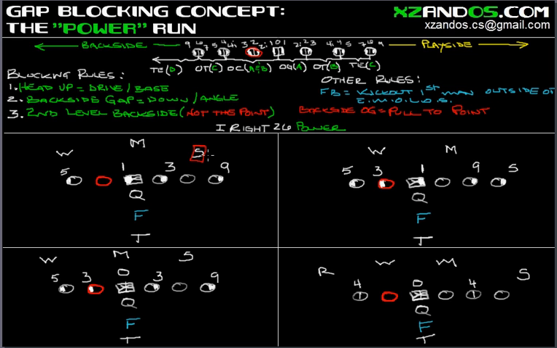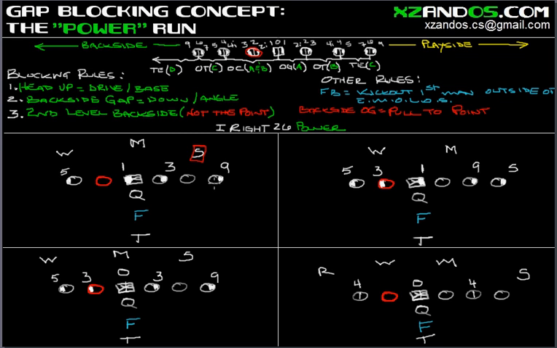So the Sam in a 4-3 over is the first, second level player play side. We're going to leave him alone. Why? Because the backside guard is going to pull to point.